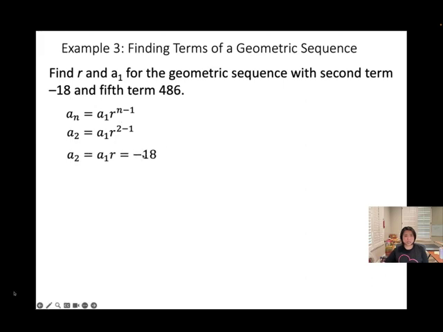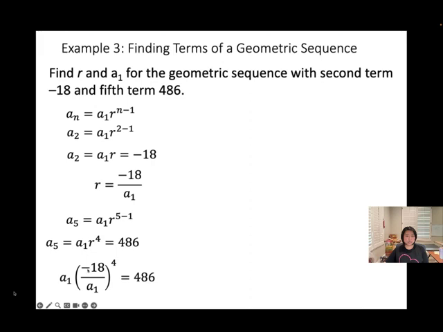So we could find out the r equal to negative 18 over a1. And then we have the second piece of information here, a5 equal to 486. So plug in a5 to the general term. And then we're going to use substitution. We know r equal to negative 18 over a1. We're going to plug in here.